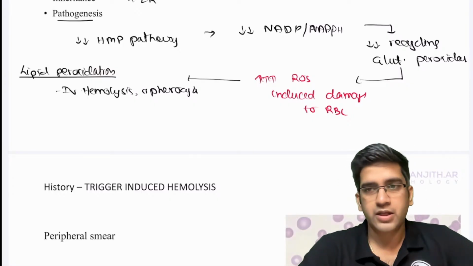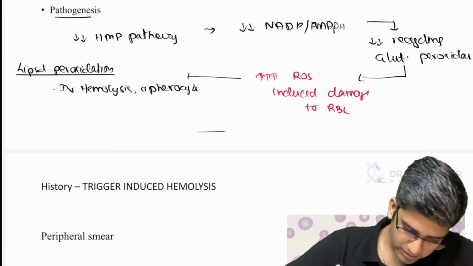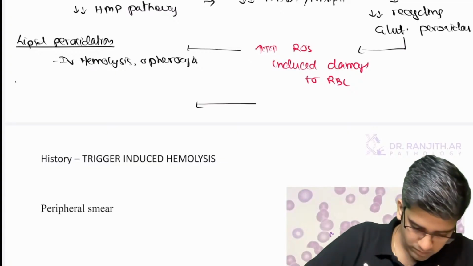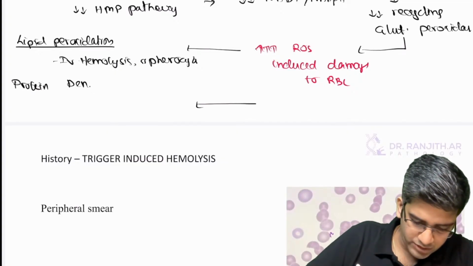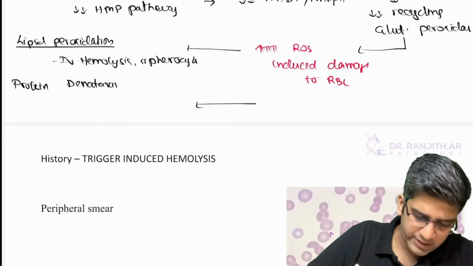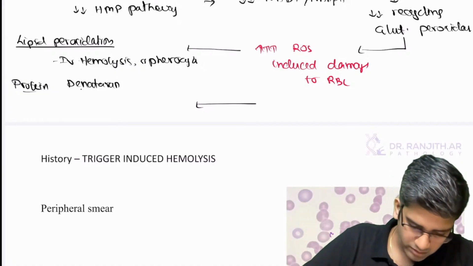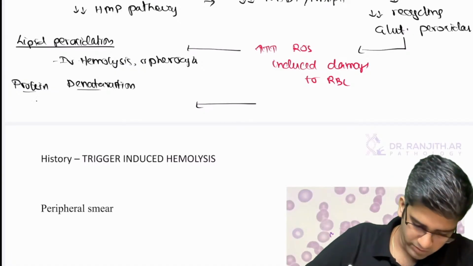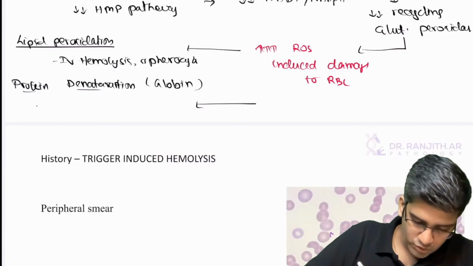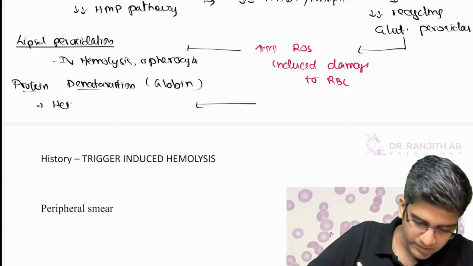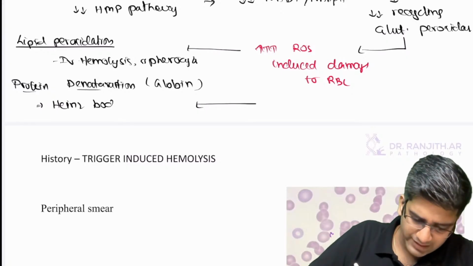Fine. Perfect. So the same reactive oxygen species will also cause protein denaturation. The protein we are worried about here is your hemoglobin, right? So here what will happen? Globin will be denatured. This denatured globin is the one which is in the Heinz body. It's nothing but a denatured globin.